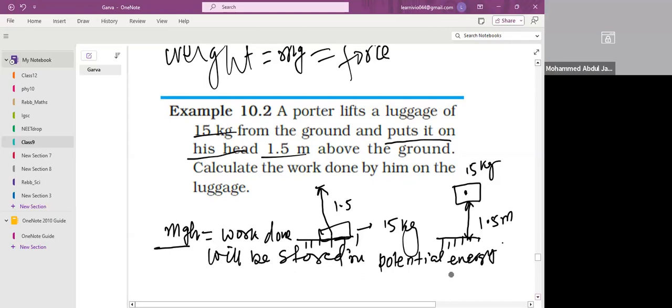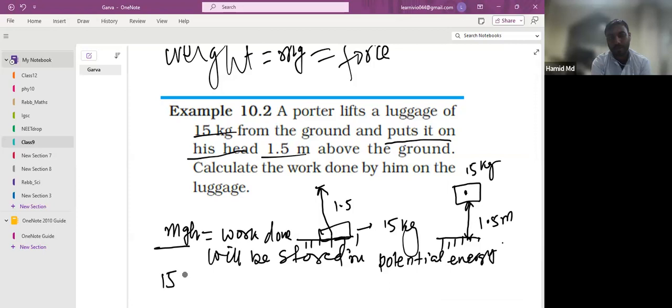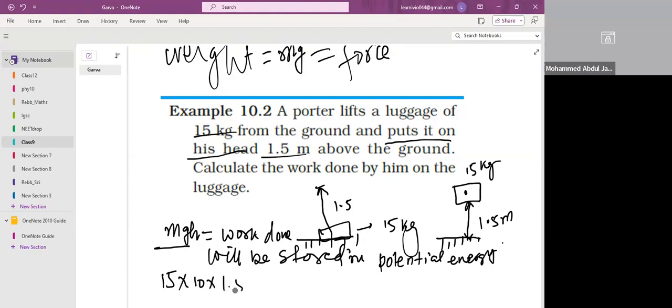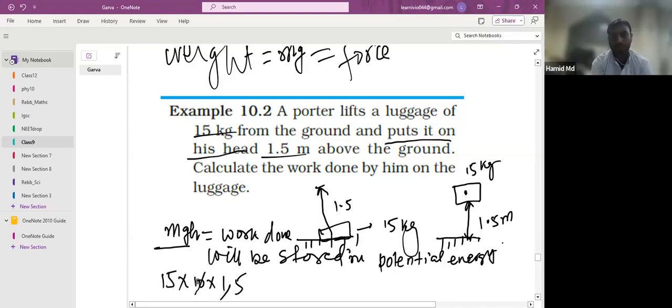22.5? Okay, let me check. The mass is 15 kg and g is 10 meters per second squared, and the height is 1.5. Actually g is 9.8, but you may take it as 10. So the answer is 225.